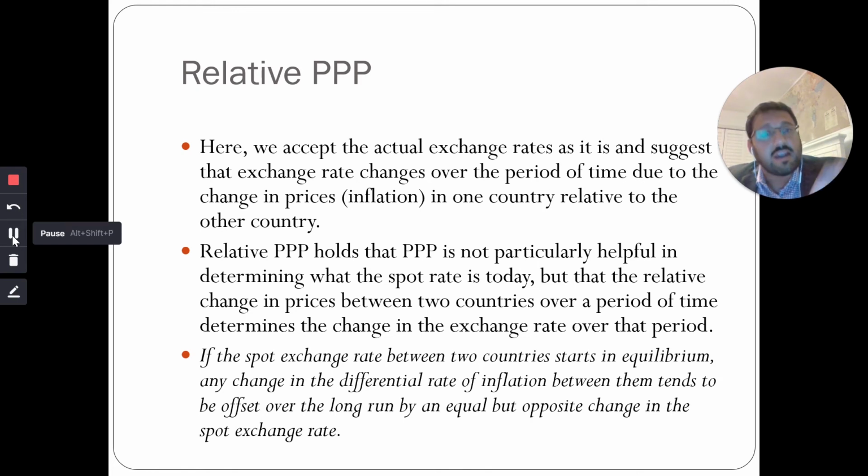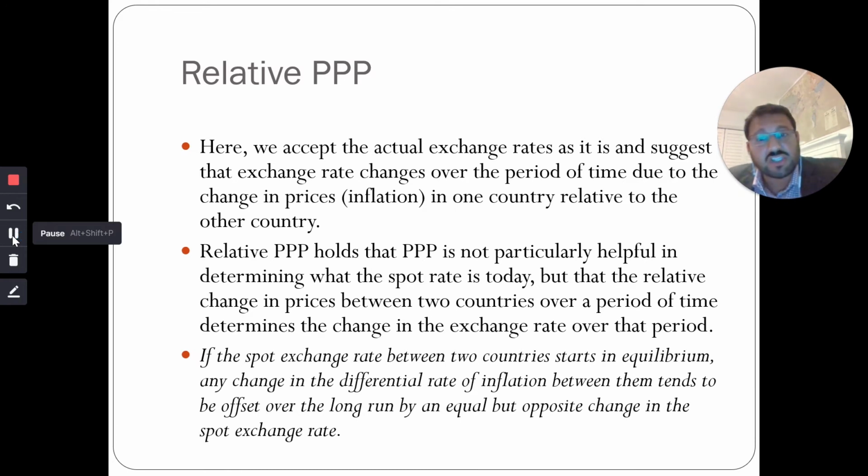So relative PPP holds that the simple absolute purchasing power parity is not helpful in determining the spot rates today, but the relative change in prices between two countries over a period of time determines the change in the exchange rate over that period. In other words, we accept the exchange rate today as it is, but the change in the exchange rate depends on the inflation of one country relative to the inflation in another country.